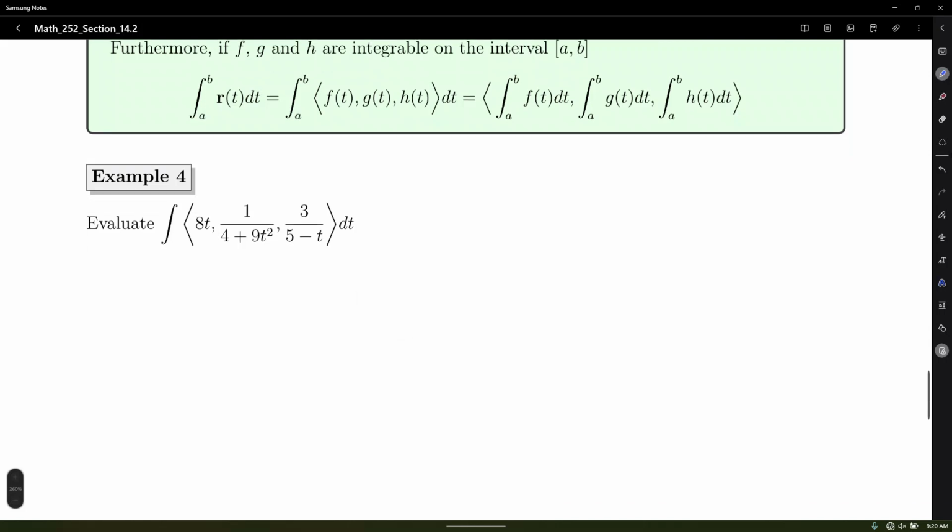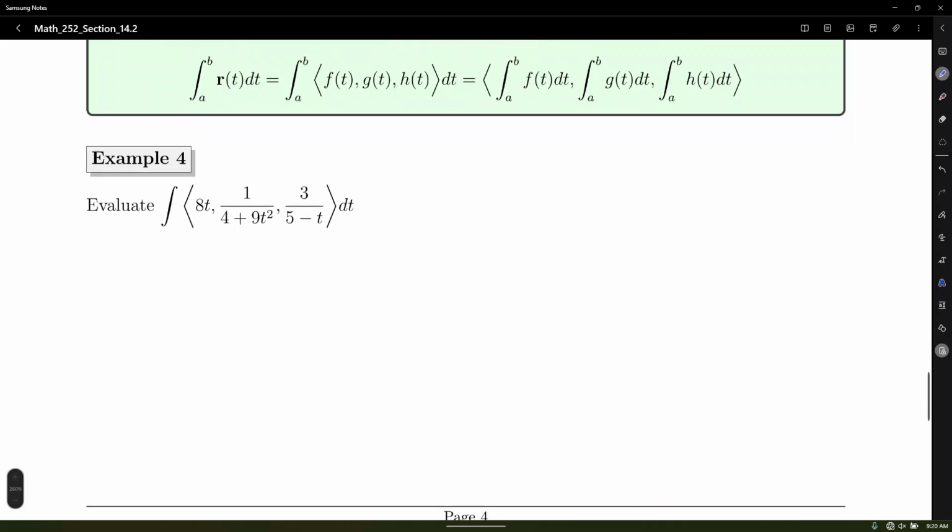The way I usually like working this is evaluating each separate integral. That is the integral of 8t dt. That is 8t squared over 2 plus, in this case, let's call this c1 because that's the first integration we're doing. That's for the x component, and reduce 8 over 2. That is 4t squared plus c1.